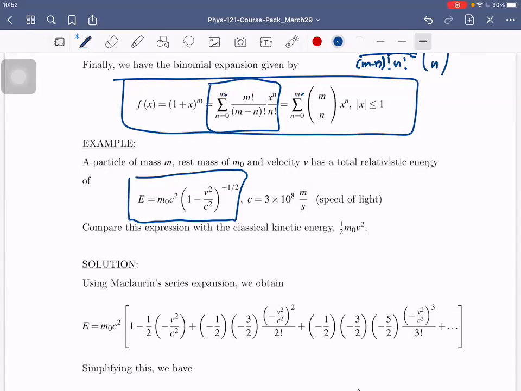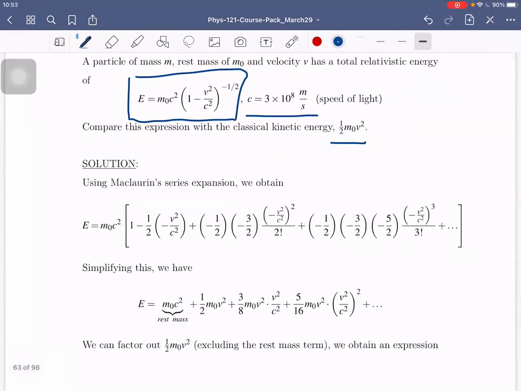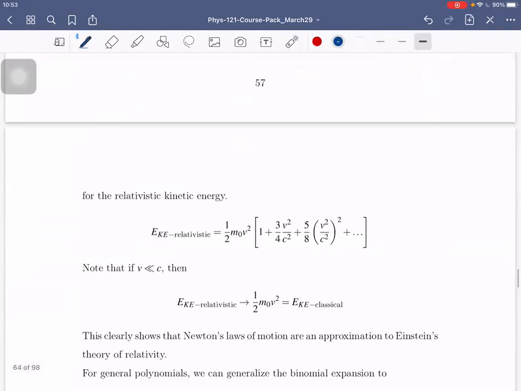Special relativity. So if we have rest mass m sub 0, velocity v and c as the speed of light, you can use the binomial series or Maclaurin series expansion and compare that to the classical kinetic energy, which is 1/2 mv squared. So using Maclaurin, we can show that ito yung expansion niya and you can compare.